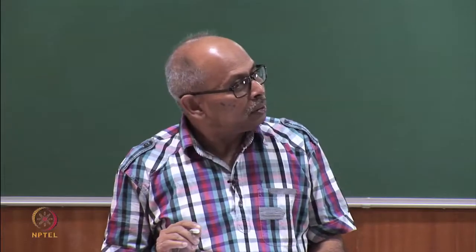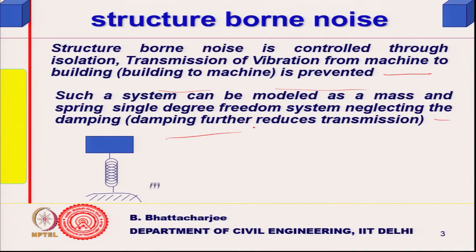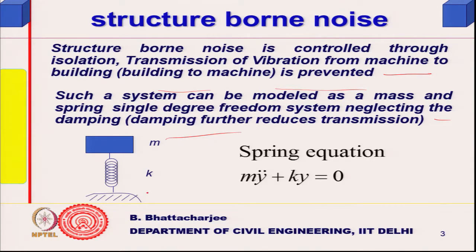So, this is how the system can be modeled: this is the mass, this is my spring and this is my foundation. The spring equation we know: mass into acceleration, if y is the displacement along this direction, so y double dot is the acceleration, must equal the spring stiffness times the displacement, because you know the force in a spring is proportional to the displacement. This is the equation of the spring that you would be knowing.